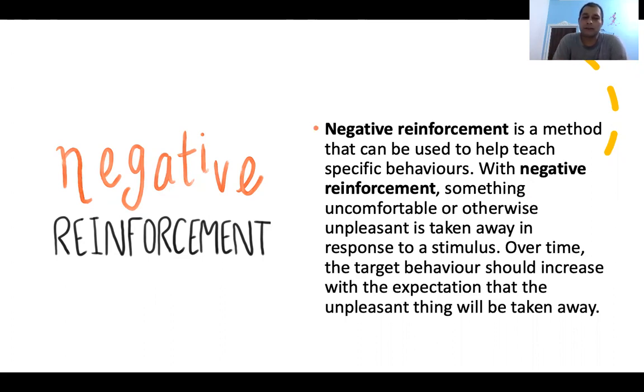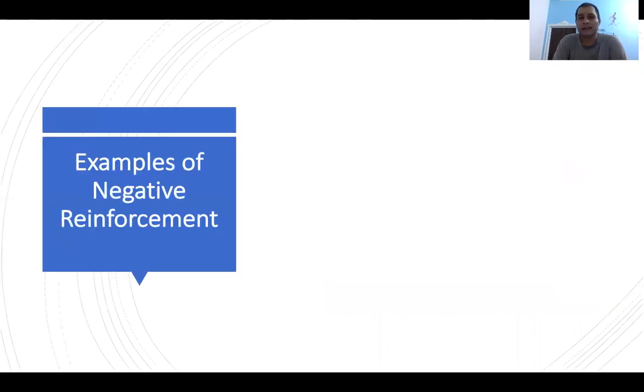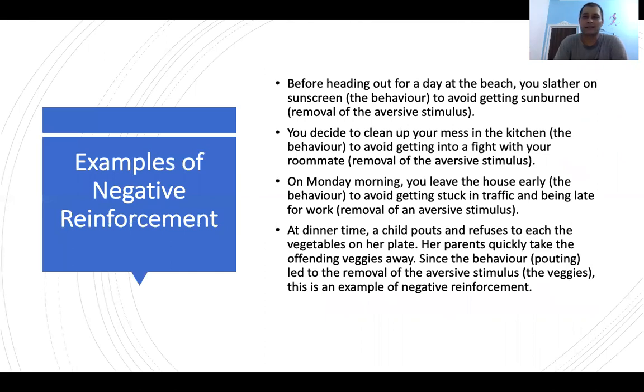When you look at it this way, it may be easier to identify examples of negative reinforcement in the real world. So let's see the negative reinforcement examples. Let's discuss these examples, and I'll let you know which one is the negative reinforcement.